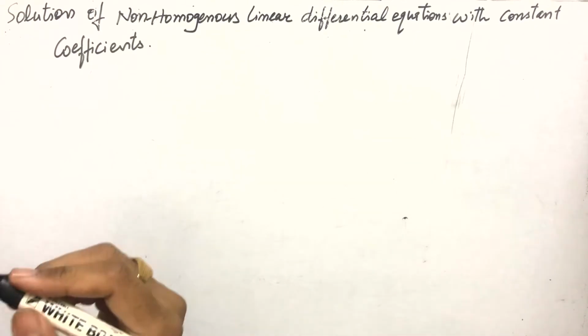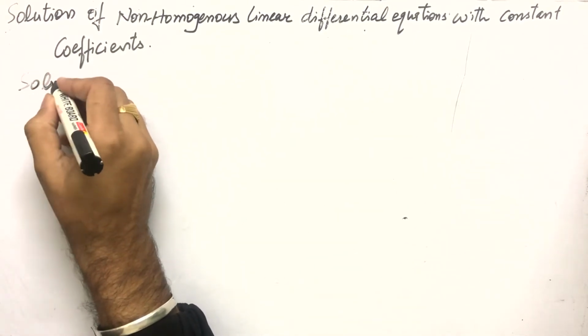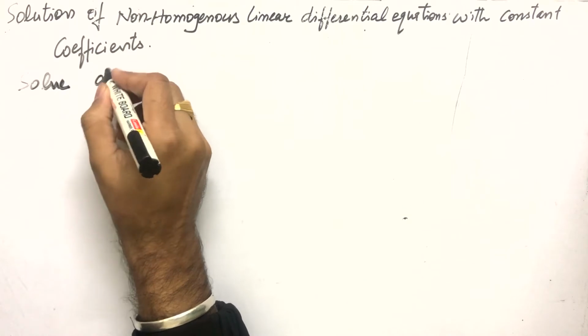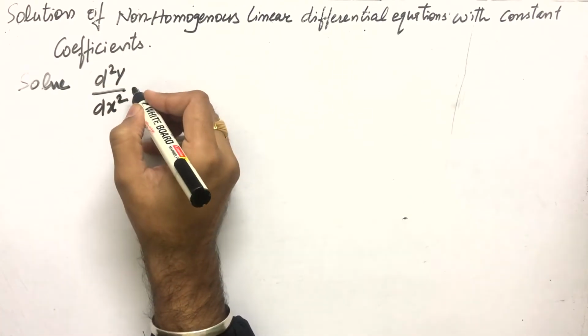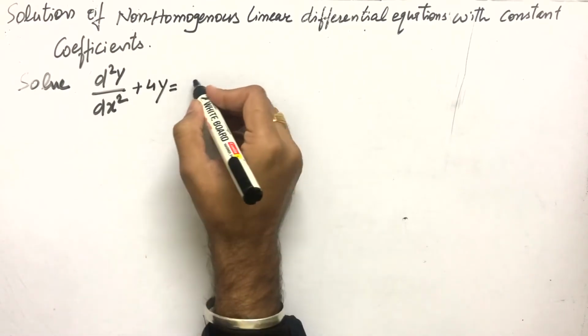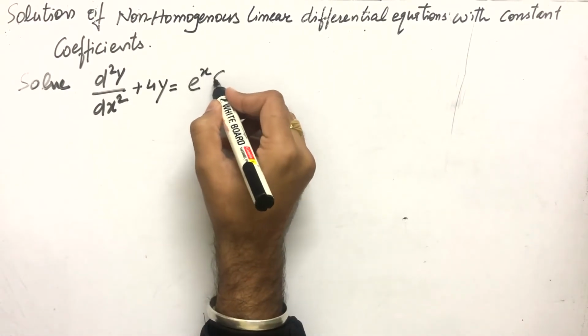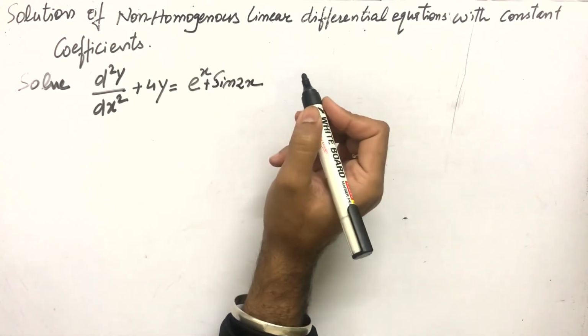Let us solve a different type of question, that is, solve d squared y upon dx squared plus 4y is equal to e power x plus sine of 2x.